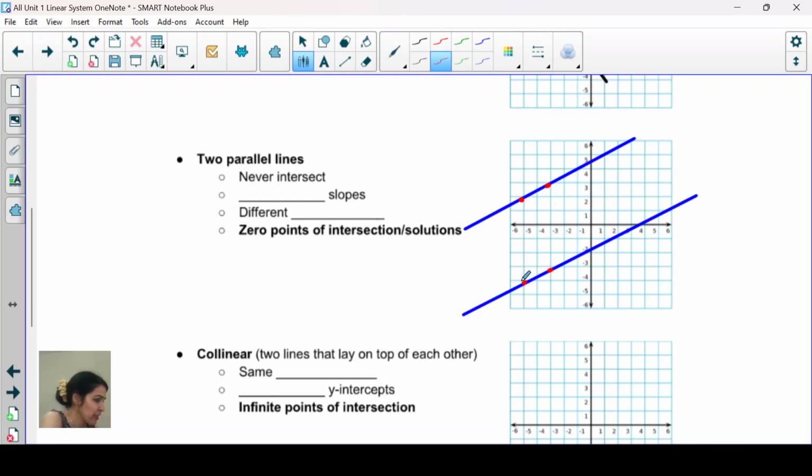Again, they have the same rise 1, run 2. They have the same slope, but they have different y-intercepts. Definitely they have different y-intercepts. The y-intercept for this one is this red point, and the y-intercept for the other line is this point.